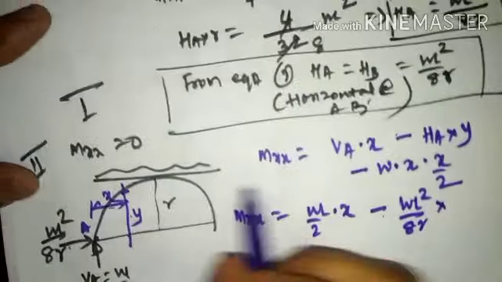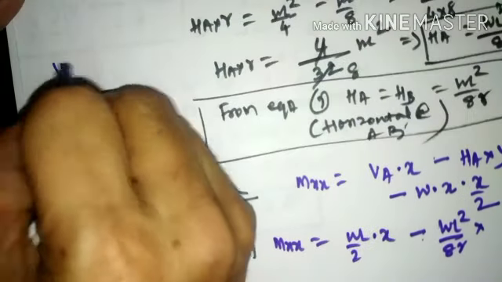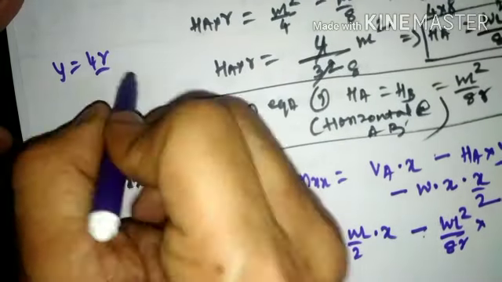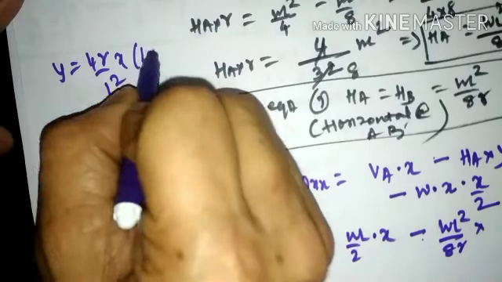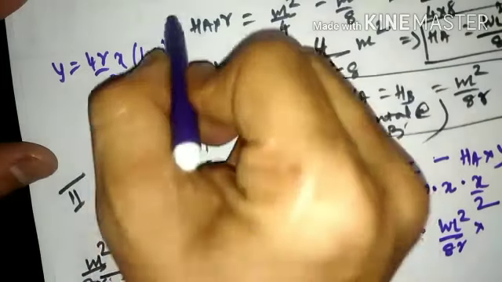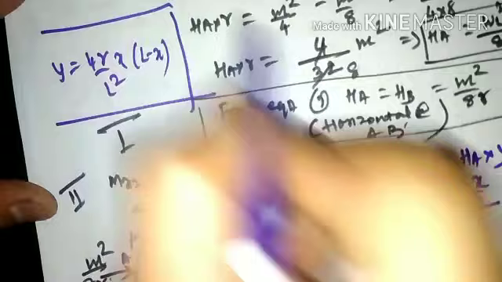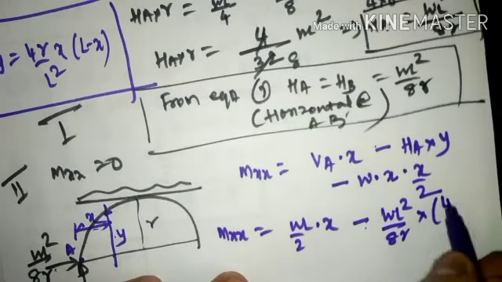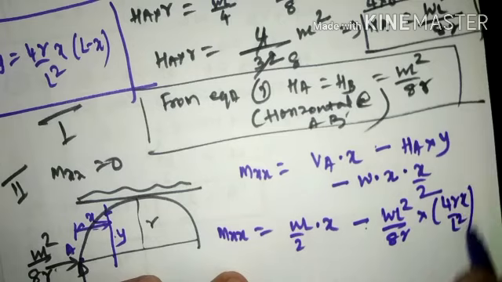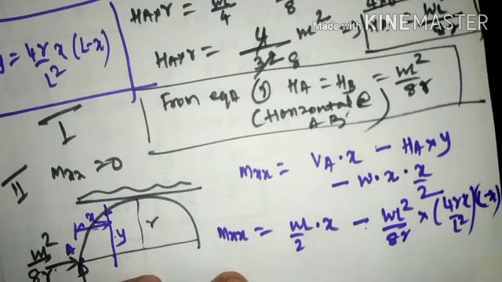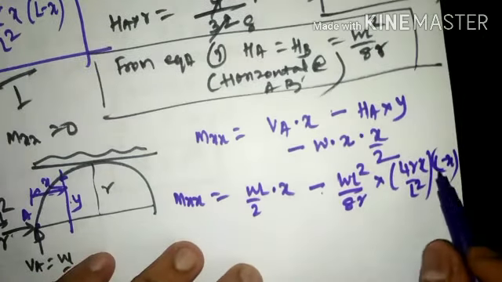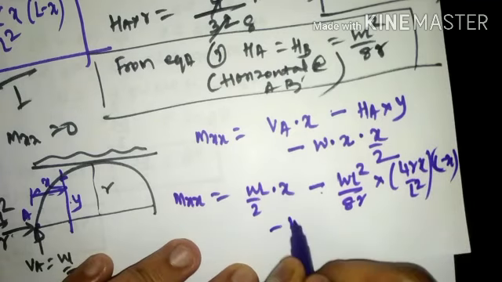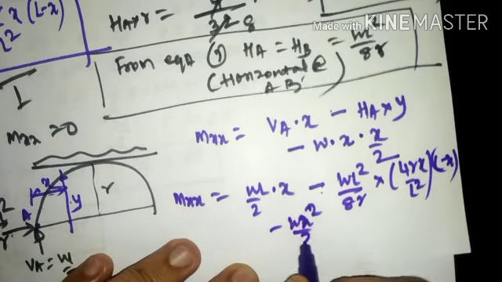The equation for parabola, y is equal to 4Rx divided by L square into L minus x. This derivation I had done in my previous session. So substitute the value of y as 4Rx divided by L square into L minus x, minus W x square by 2.